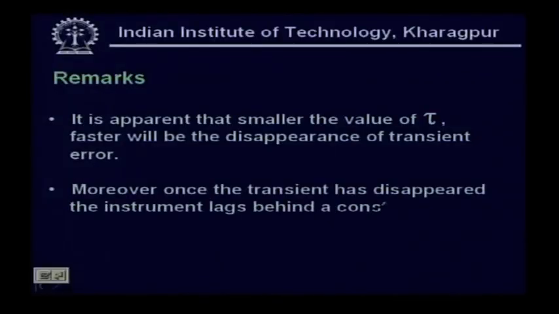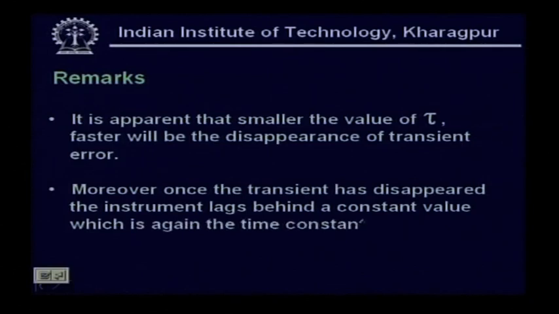Moreover, once the transient has disappeared, the instrument lags behind by a constant value, which is again the time constant of the instrument tau, as we have already seen, right.